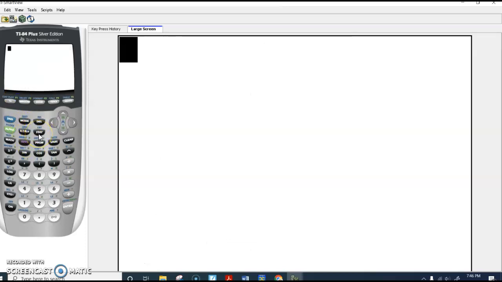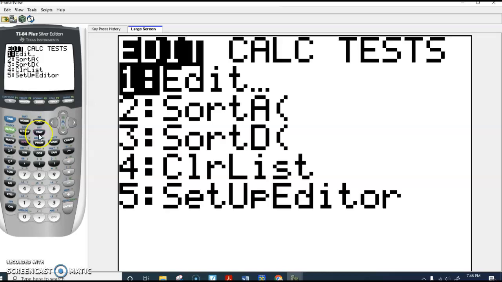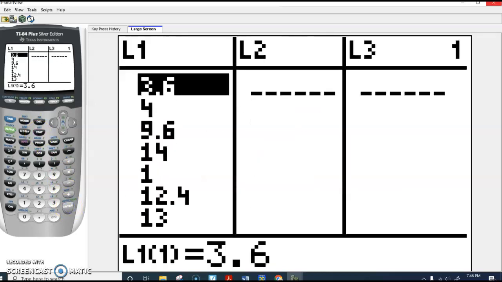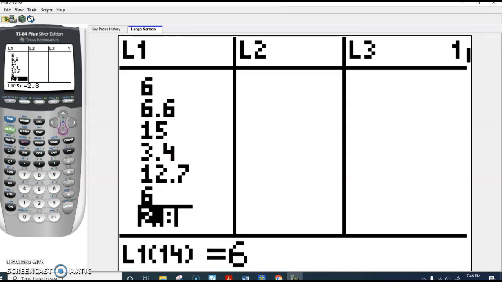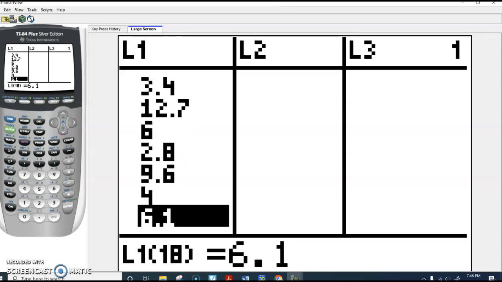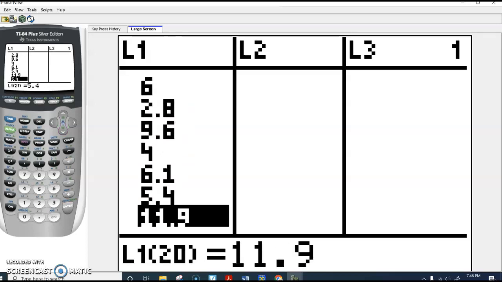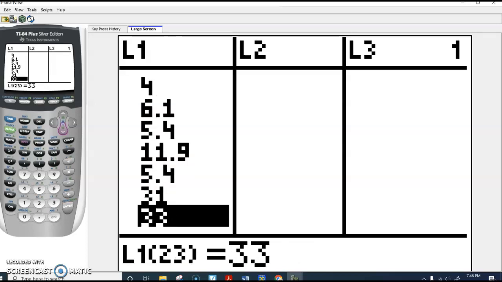You can see the directions on your piece of paper. The first thing I have to do is press enter on edit. It's already in here in my case, but I'm going to type in all of these pieces of data into my calculator. I'm going to type all the values in, and you can pause the video once you have that. All 23 pieces of data.